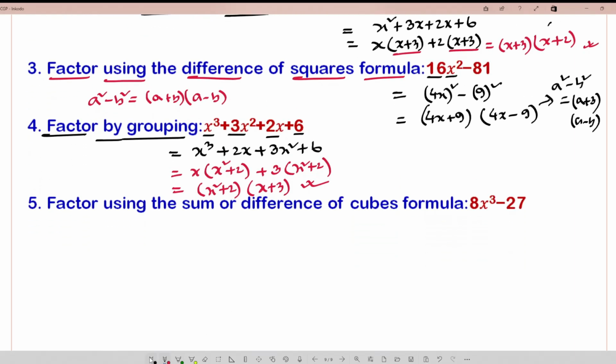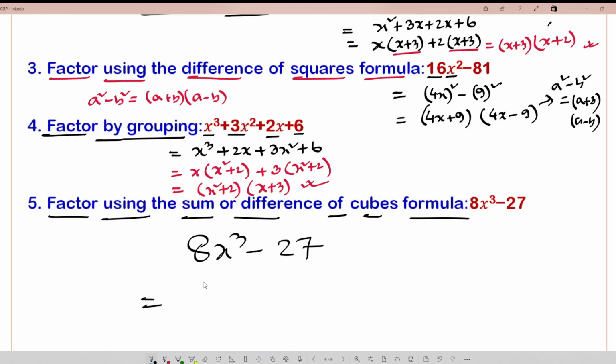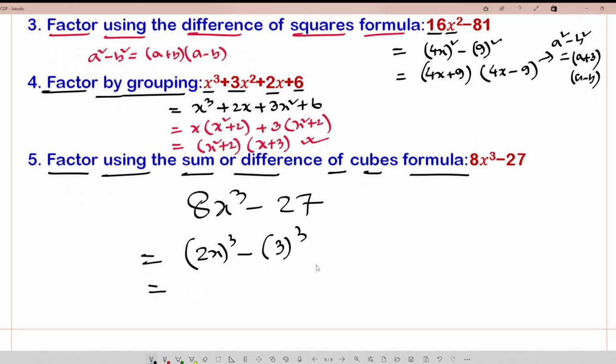And finally we have to know about factor using the sum or difference of cubes formula. Here is 8x cube minus 27. So this 8x cube we can write 2x cube, minus this 27 we can write 3 cube. So this one we know about a cube minus b cube, it means a minus b times a square plus ab plus b square.